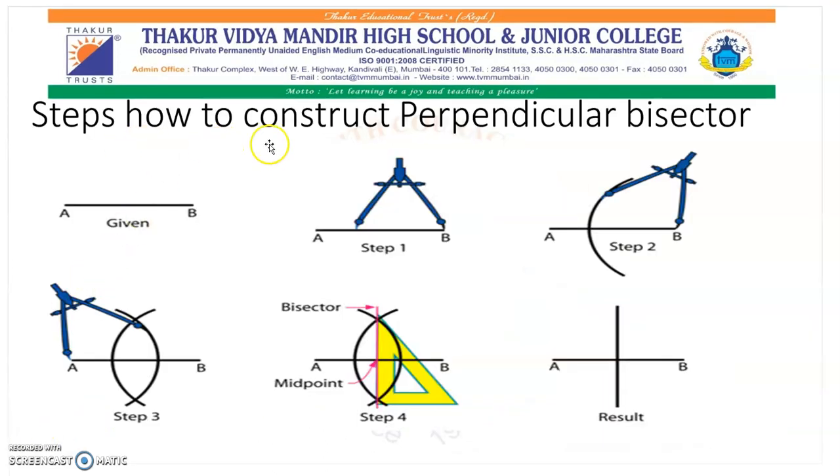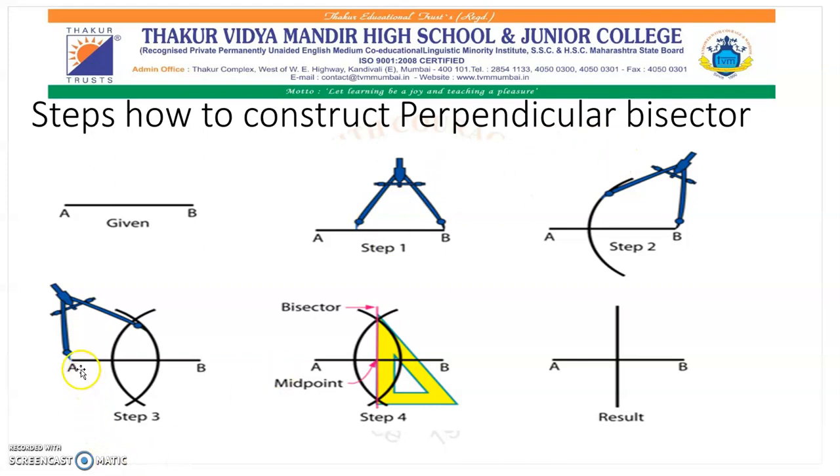Now, you can go through the steps. First step, we have constructed the segment AB. In second step, with point B, take a radius more than half of segment AB. Draw an arc on both the sides of segment AB.